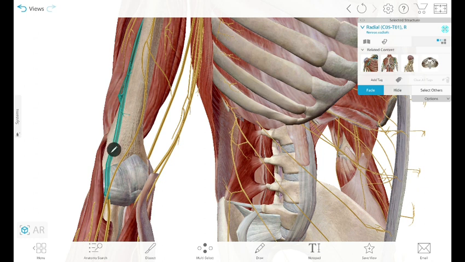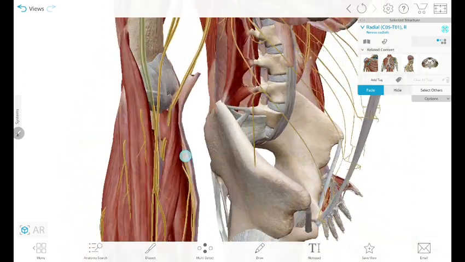So after coming to lie around the lateral epicondyle of the humerus, it gives branches to the extensor carpi radialis longus and extensor carpi radialis brevis muscles.